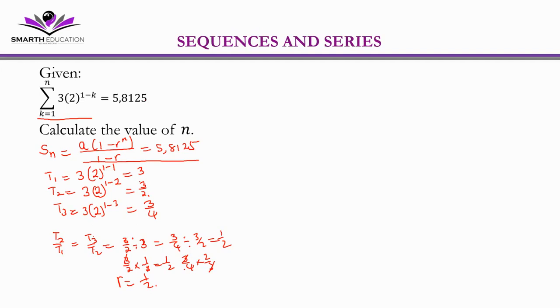It means a is 3, that's term 1. So 3 times 1 minus 1 over 2 to the power n over 1 minus 1 over 2 is equal to 5,1825.